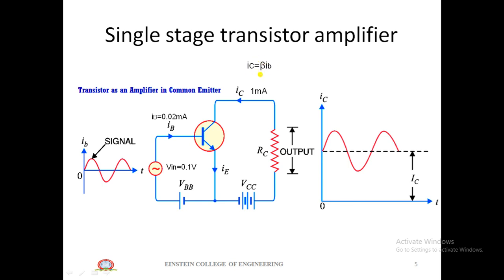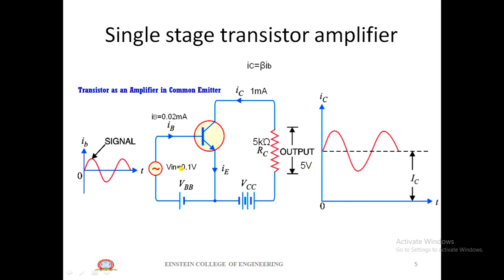Consider the beta value, the gain factor, as 50. Then the collector current will be 1 milliampere. This 1 milliampere flows across the resistance. Consider the resistance value as 5 kilo ohm. Then the voltage across this load resistance will be 5 volt.